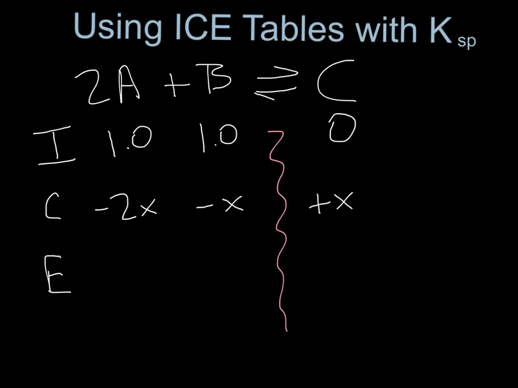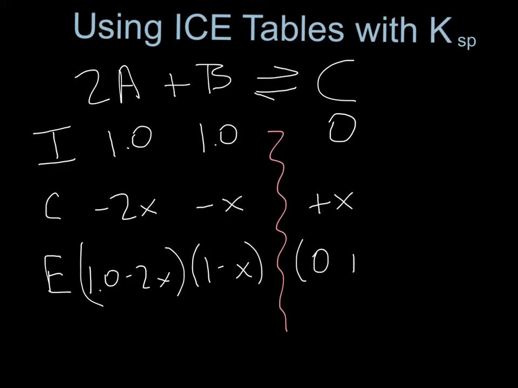I'm fond of saying that the E row is actually the easiest row because it's simply 1 minus 2X for my concentration of A, 1 minus X for my concentration of B, and 0 plus X for my concentration of C. So we can use this tool to organize our thoughts around equilibrium problems, and you can see that it's simply combining stoichiometry and the concept of equilibrium.